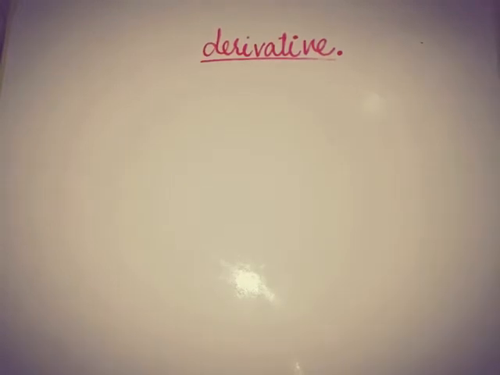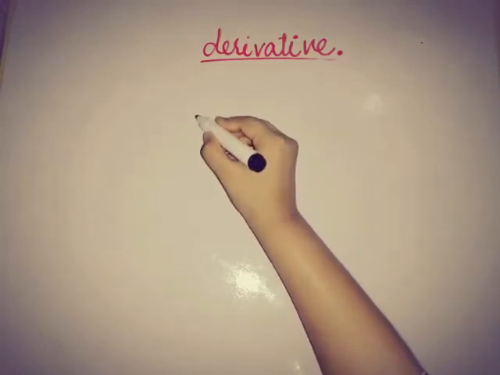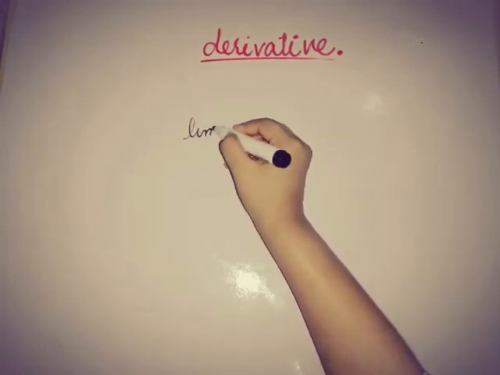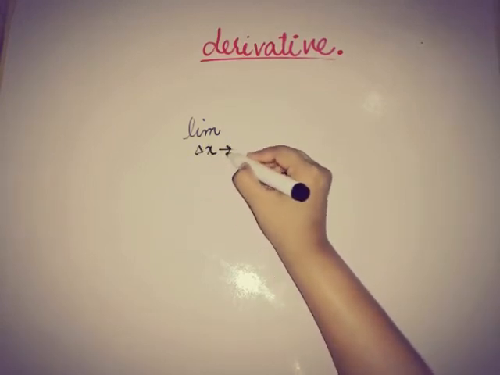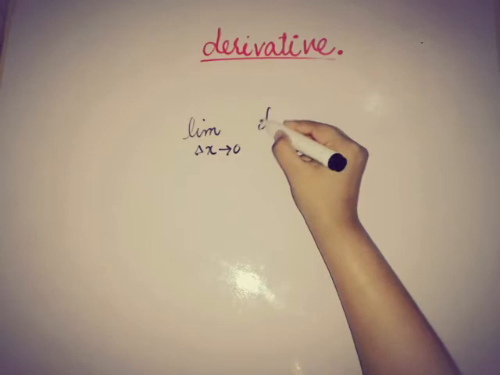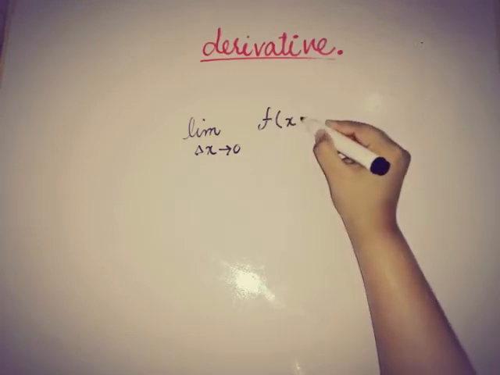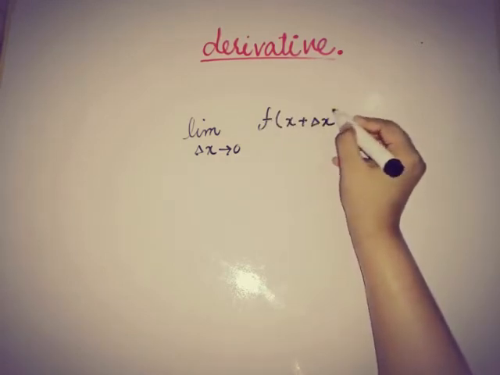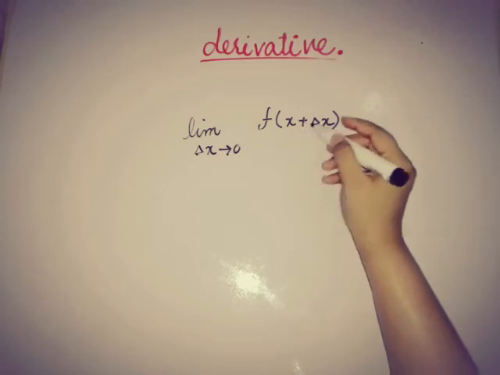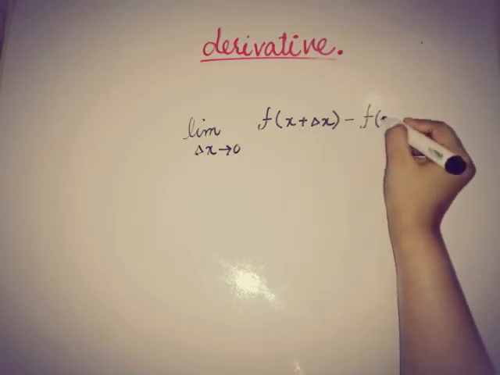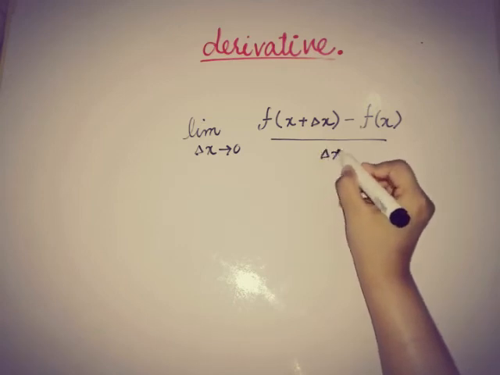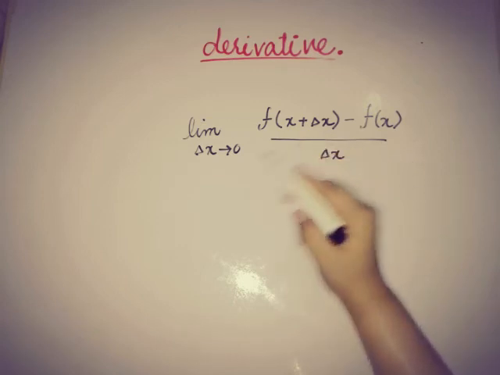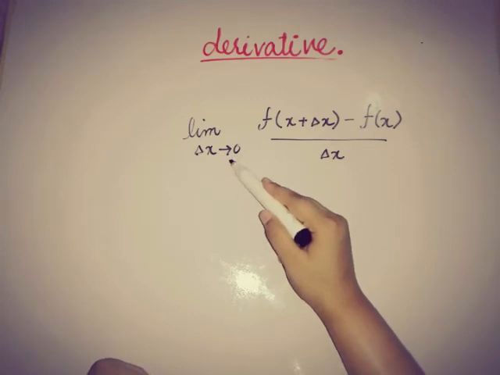The general way of writing the mathematical form of the derivative is limit as the change in x, delta x, approaches 0, of the function at x plus delta x, minus f of x, divided by delta x. Why does delta x approach 0 here?